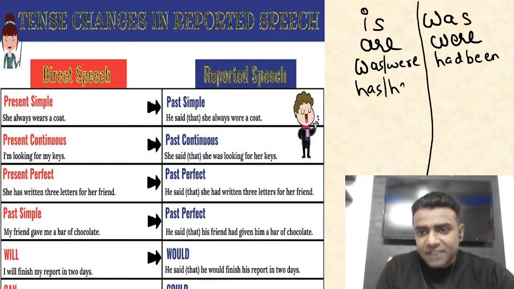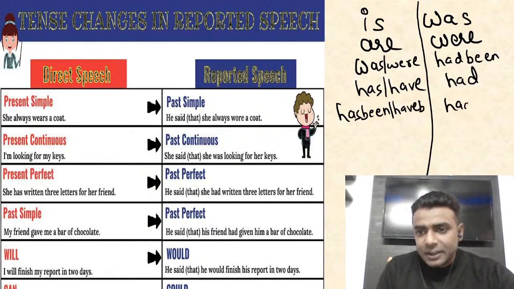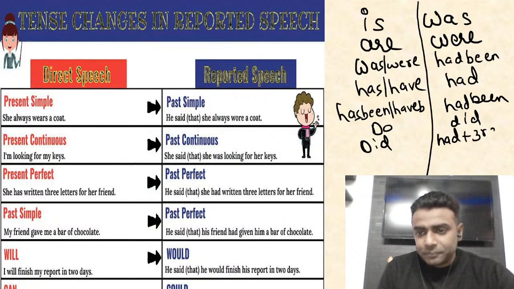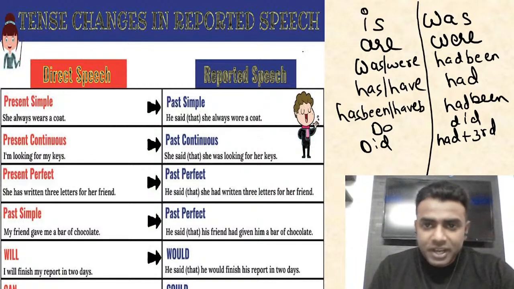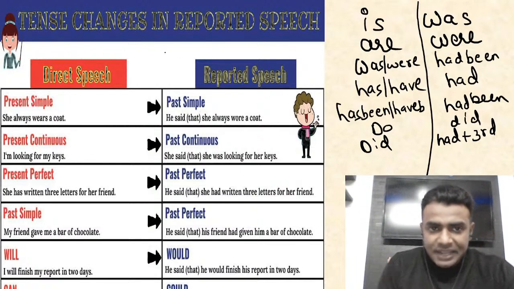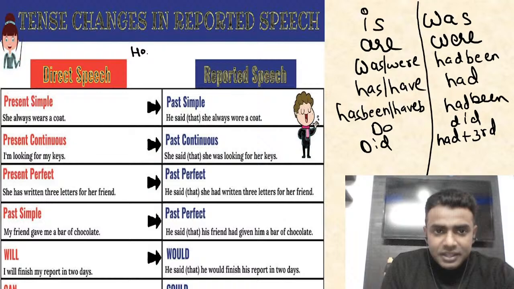Has and have change into had. Has been and have been change into had been. Do changes into did. Did changes into had plus third form. So kindly keep on noting it. And then, here changes into there. This changes into that.